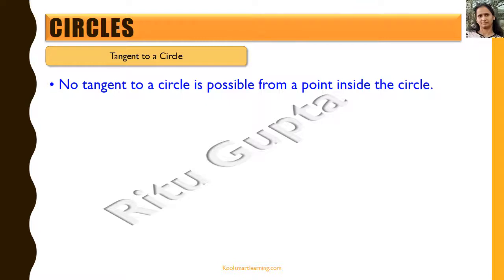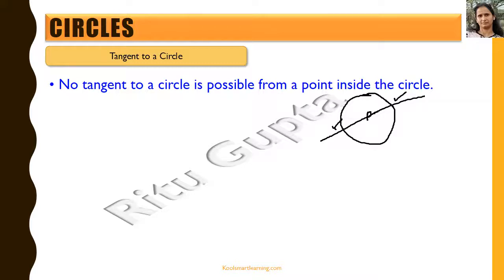Now we have a circle, and if we are given a point inside the circle and we are told that we need to draw a tangent to the circle from this point, it is not possible, because the moment we try to join this point to any point on the circle, we can see that if we extend it on the other side, it will intersect the circle at another point also. So this will become a secant and not a tangent.